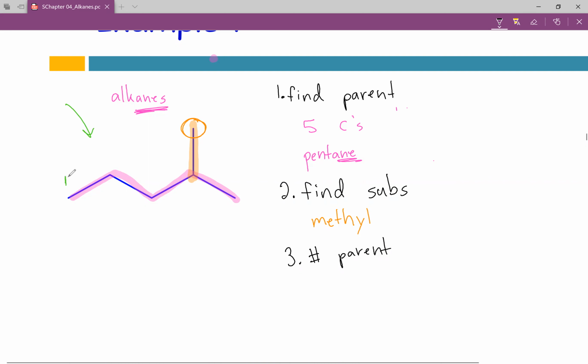Putting a 1 on this end, making that my first carbon, or putting a 1 on this end, making the opposite carbon my first carbon. So what I like to do when I have chains like this is number it both ways. Let's start with this top one where we have 1, 2, 3, 4, 5. And look at this bottom one, 1, 2, 3, 4, 5.